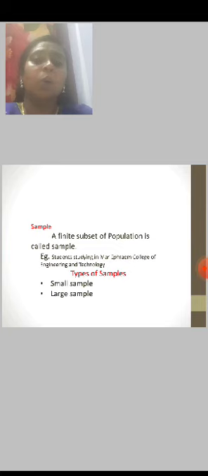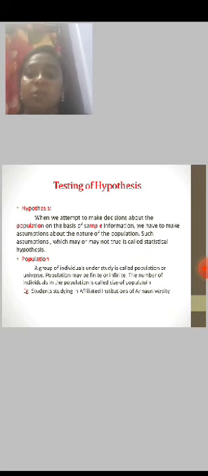Now, what do you mean by hypothesis? A hypothesis is a tentative statement or proposition that is proposed as an explanation for a specific phenomenon. When we attempt to make a decision about the population on the basis of sample information, we have to make assumptions about the nature of the population.